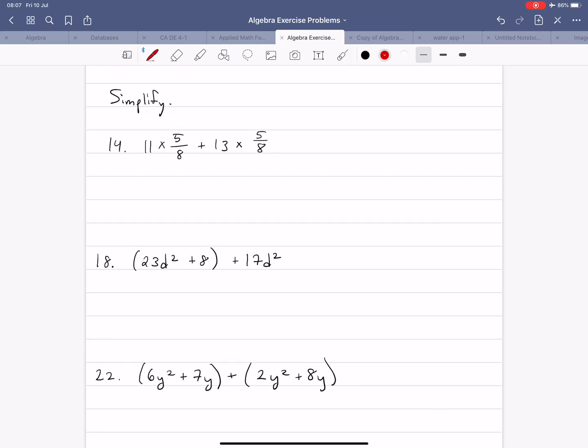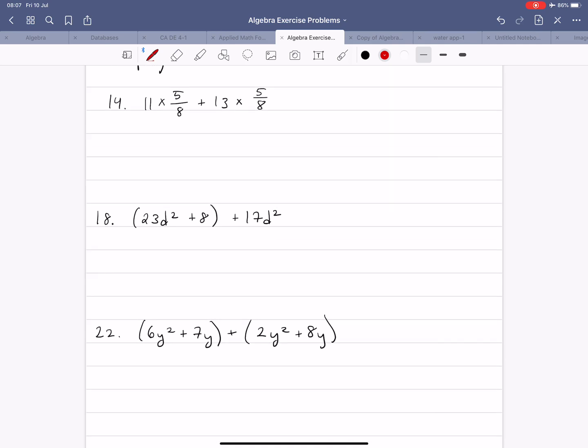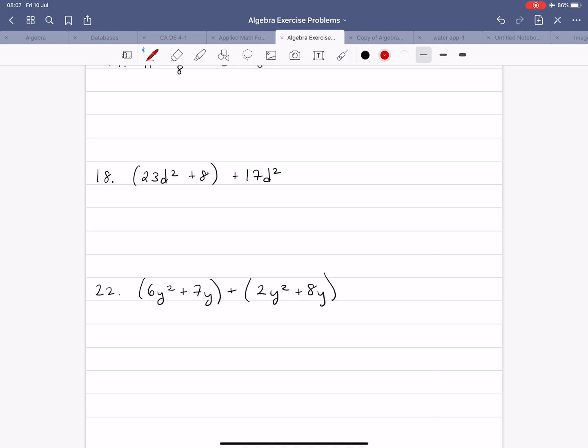So these instructions ask us to simplify. And I'm going to do number 18 here. So when I look at this, I can see that I have two terms, this 23d squared and this 17d squared, two terms where I have a number times d squared.